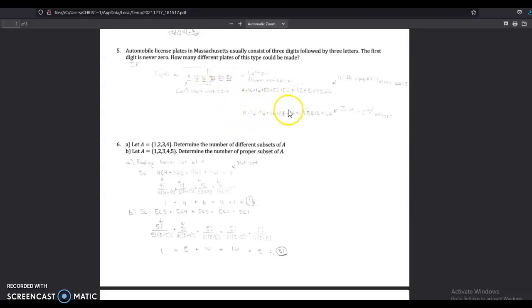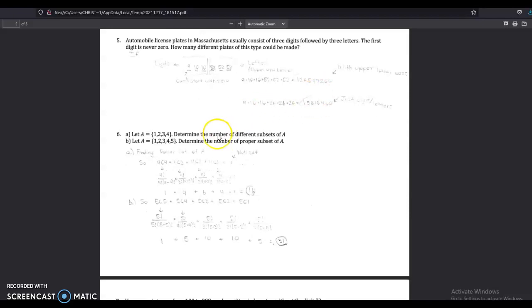So 9 times 10 times 10 times 26 times 26 times 26 is equal to 15,818,400 possible combinations. But if it was non-restrictive with upper and lower case, then it would be 126,547,200 different combinations that could be made.